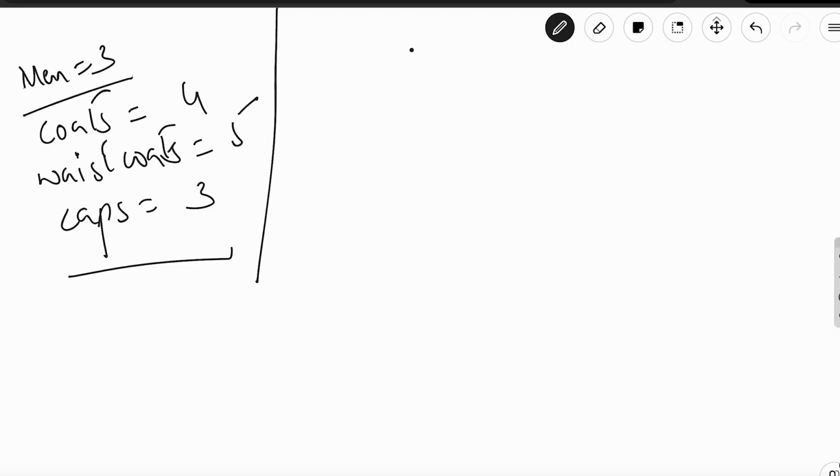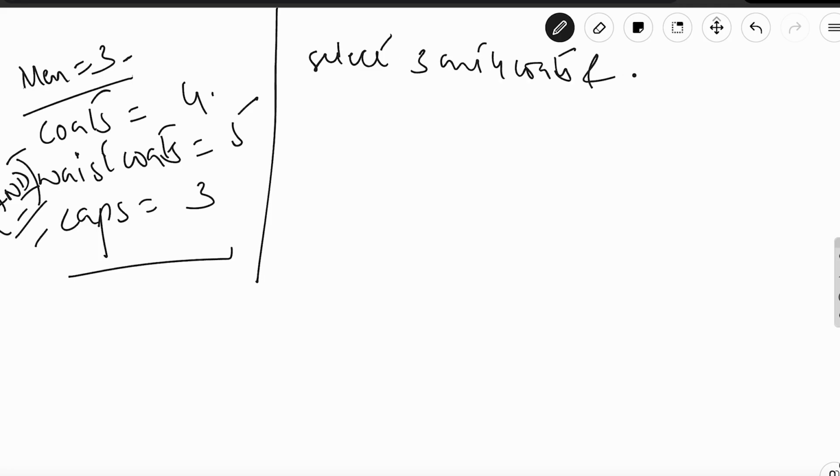Now there are 3 men and they have to wear coat, waistcoat and caps. Now, how can 3 men wear 4 coats? First they have to select 3 out of 4 coats and then arrange them.